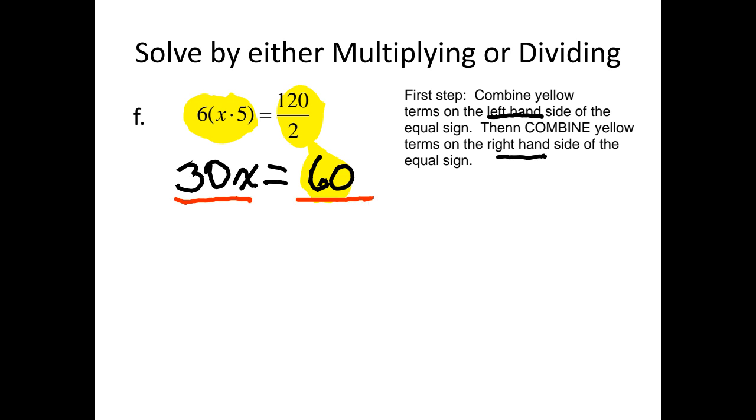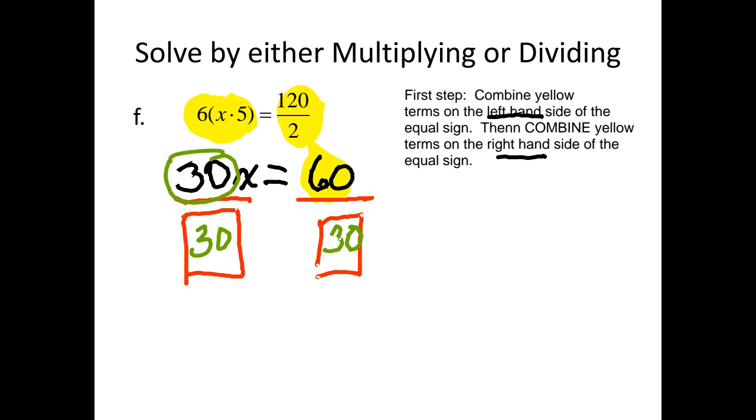So we're going to put the fraction bar, and underneath of the fraction bar, we are writing the number 30. Why 30? Because that's the number next to x. 30 divided by 30 gives me 1x. 60 divided by 30 is 2.